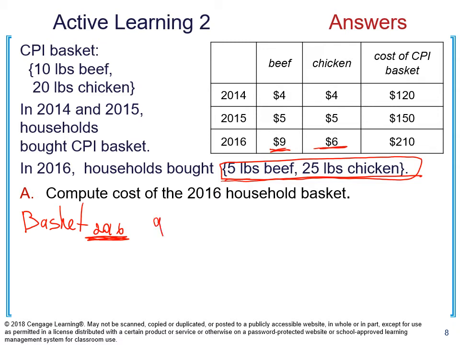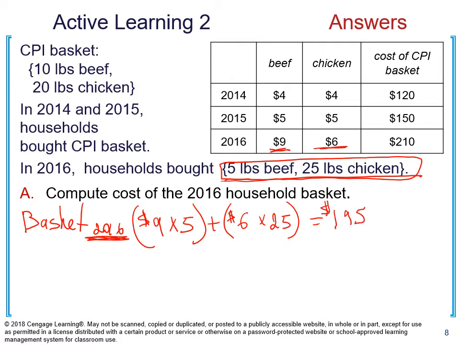The price of beef was $9. We purchased 5 pounds of beef now in real life. The price of chicken was $6, and we purchased 25 pounds of chicken in real life. If we recalculate this basket cost, I believe that this is going to be $195.